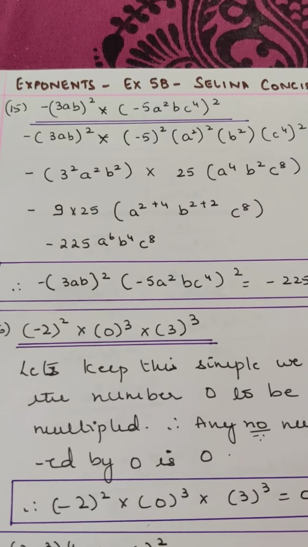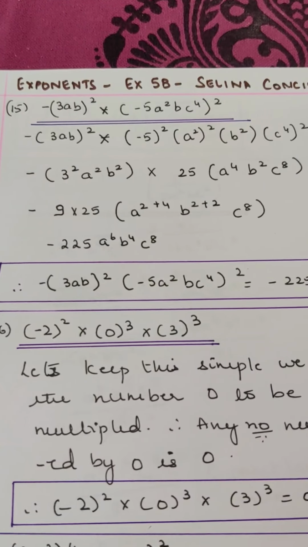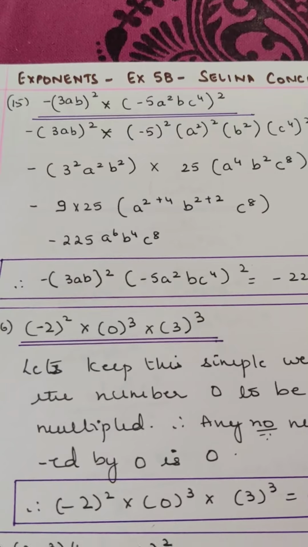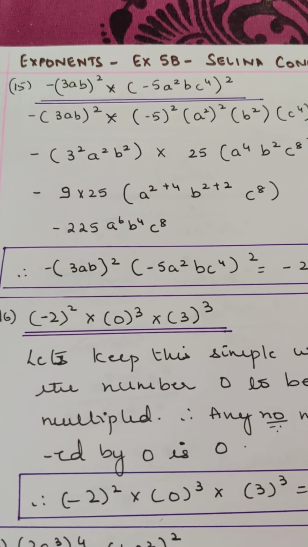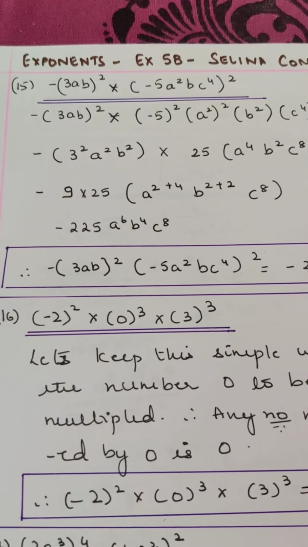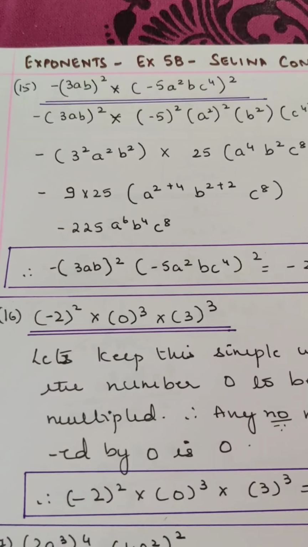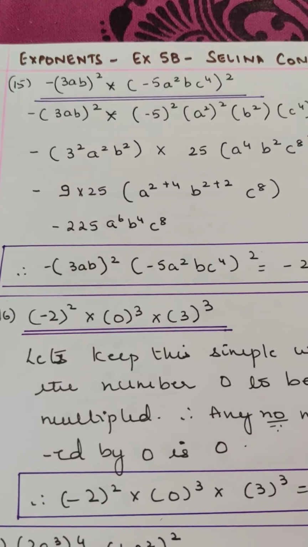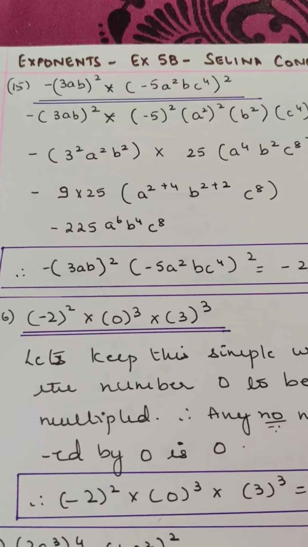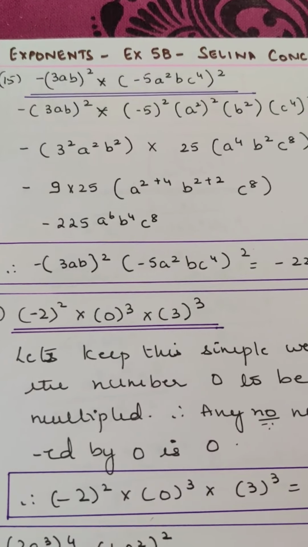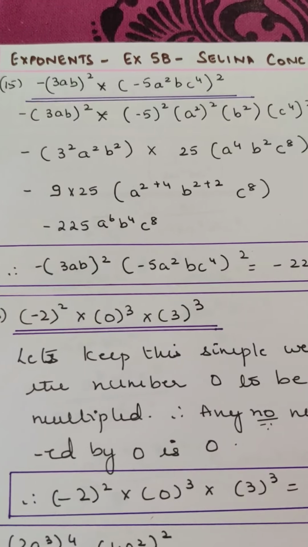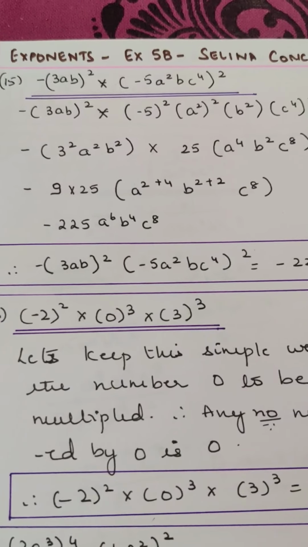I am using the power law, that is a to the power of m whole power n is equal to a to the power of mn. So you get minus 9 into 25. Okay, open the brackets, a to the power of 2 plus 4, b to the power of 2 plus 2, plus there is nothing in the c in the first term, so only in the last term, so c to the power of 8.